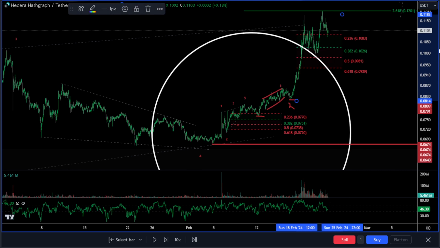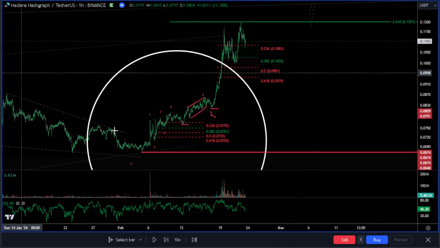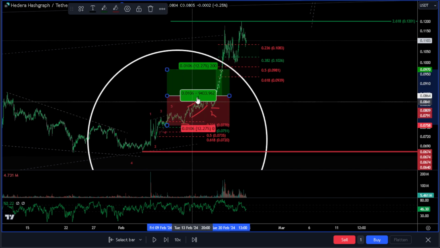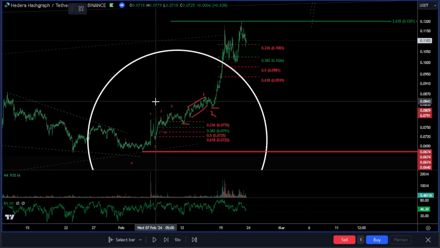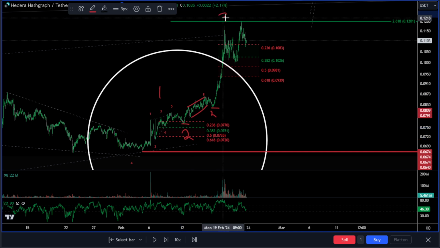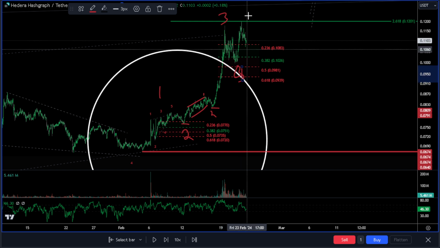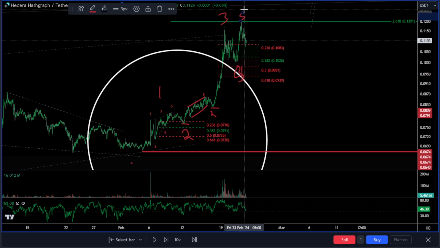And see, we're still in this trade. We would actually label this in real time. We have our 1, 2, 1, 2. We'd label this a 3 for sure. This is our 4th, and our 5th of our 3rd.